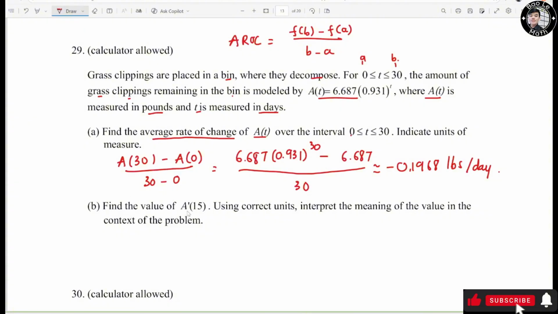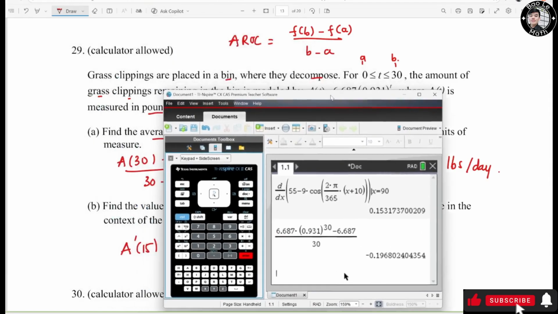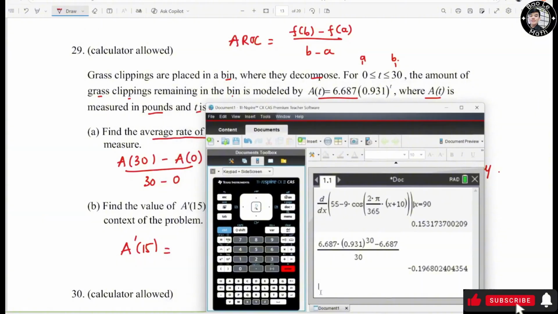Find the value of A prime of 15. Use the correct units. Interpret the meaning of the value in the context of the problem. Alright, so we have A prime of 15 equals. We're going to bring up the calculator. Now you need to store the function, so you just press A of t, then press Control and the button right here.